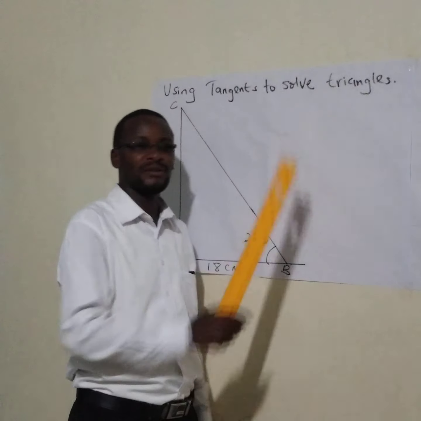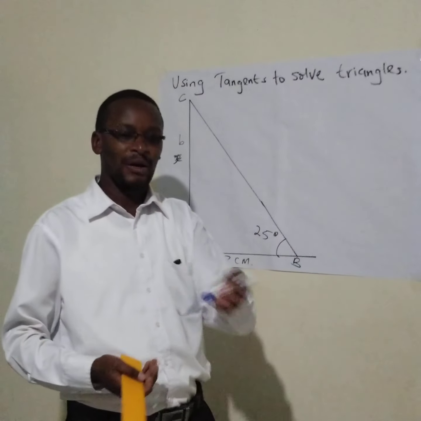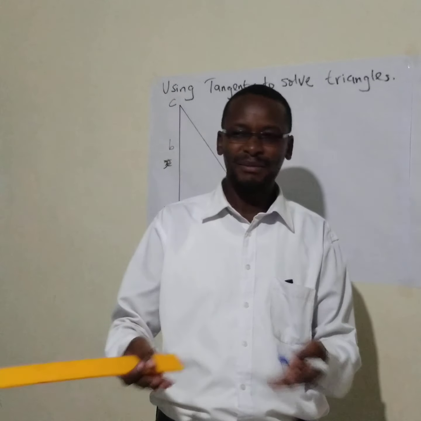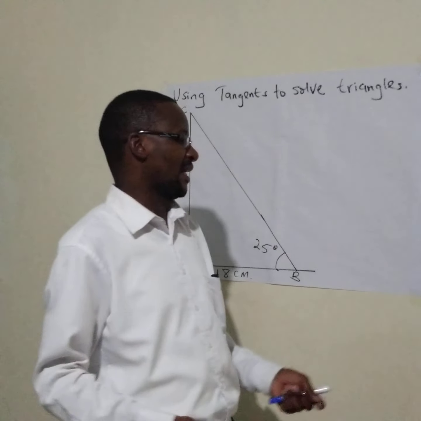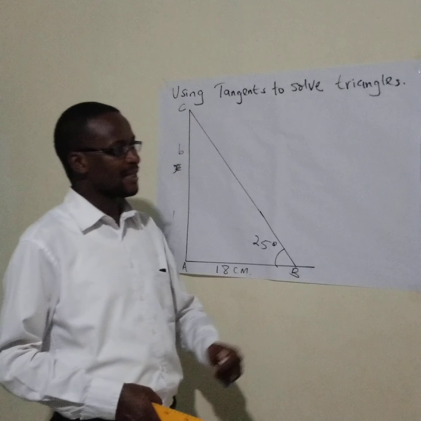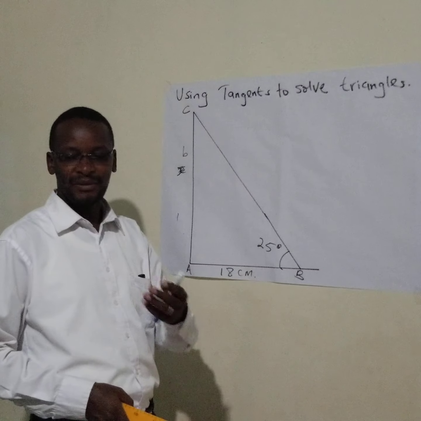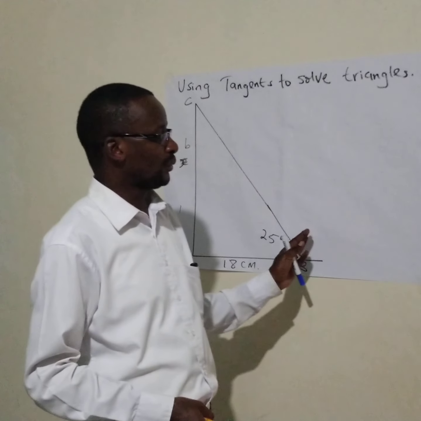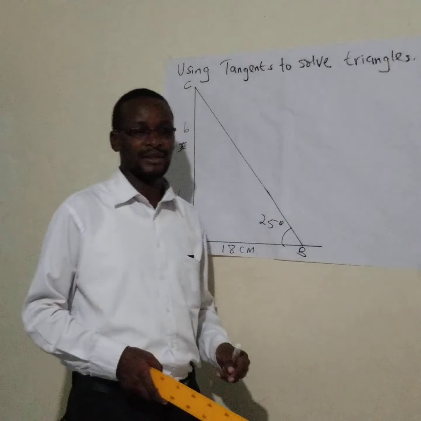By solving triangles, I mean to get angles and even to get sides. So I'll give you 2 examples and then I'll give you a further assignment that you're going to do and be able to solve the triangles.